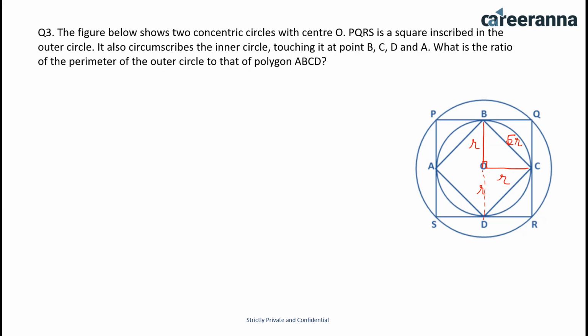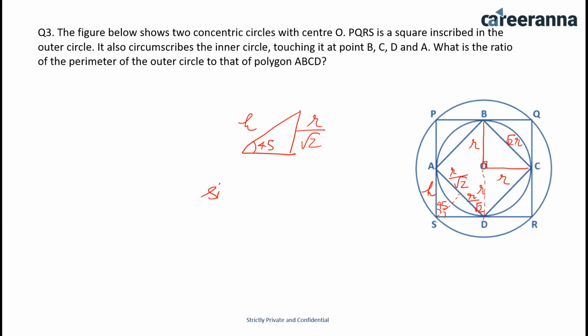Now if I draw this line, this value will become half. So this value will become r by root 2. This angle is nothing but 45 degree. Now if I assume this value to be h, I need to find sine theta. So I have this triangle with 45 degrees, r upon root 2 and h.